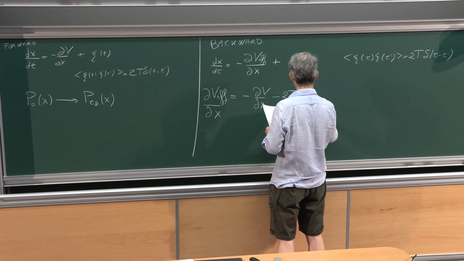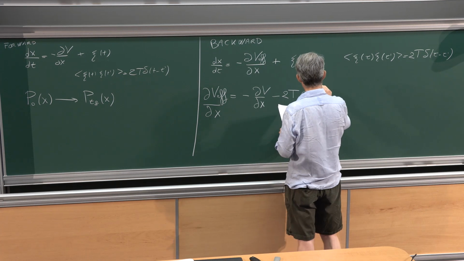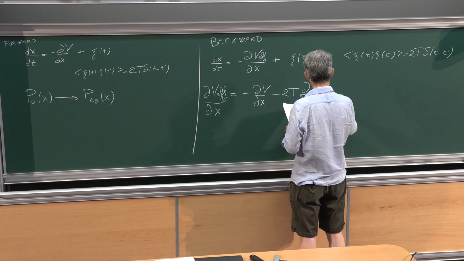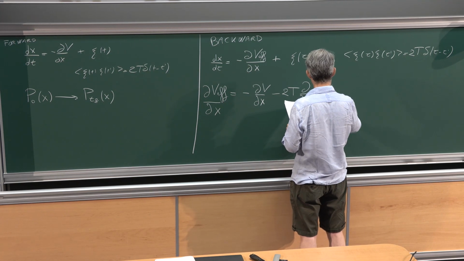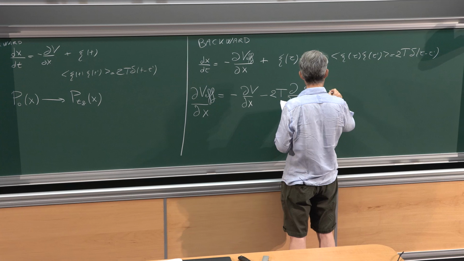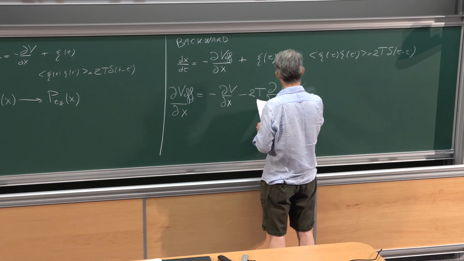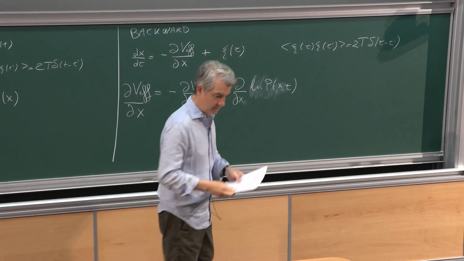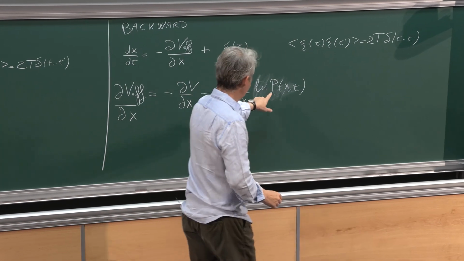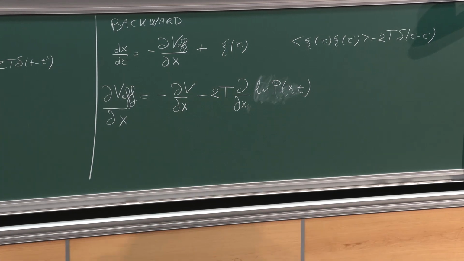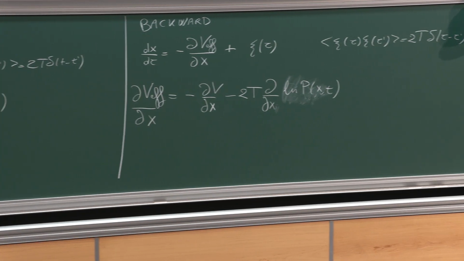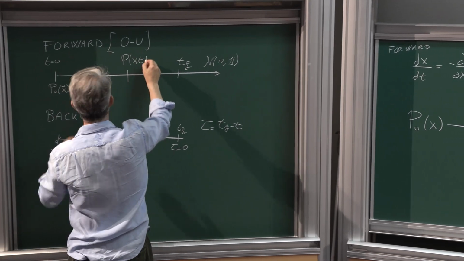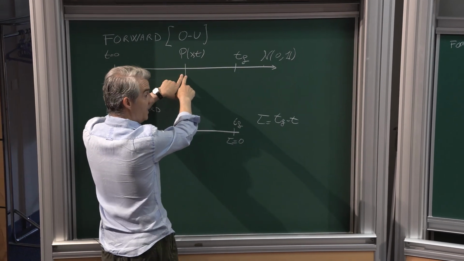and here you have the derivative d/dx of the log of p of x at time t. So what is this? p of x at time t is just the probability distribution at which you arrived. So you go from p0 of x, you arrive here, you have p(x, t).